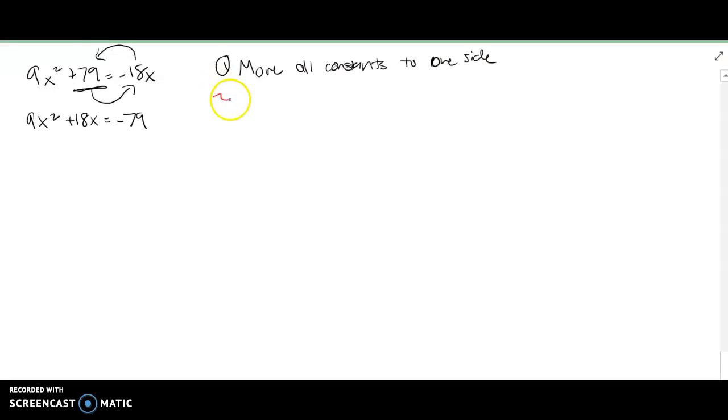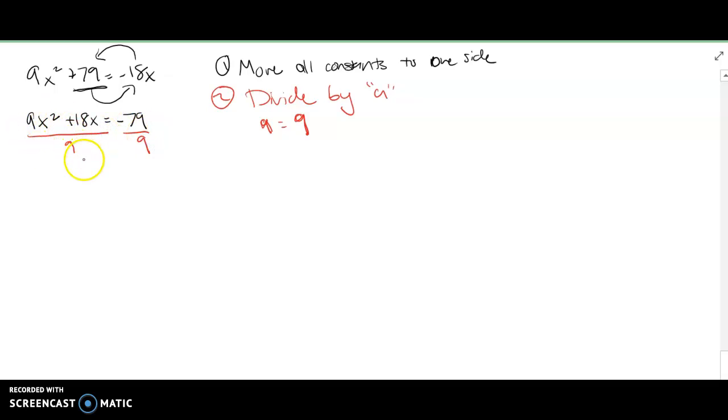Now we need to do our next step, because a doesn't equal 1. We need to divide by a, so I'm going to divide by 9. We're dividing all of this by 9.